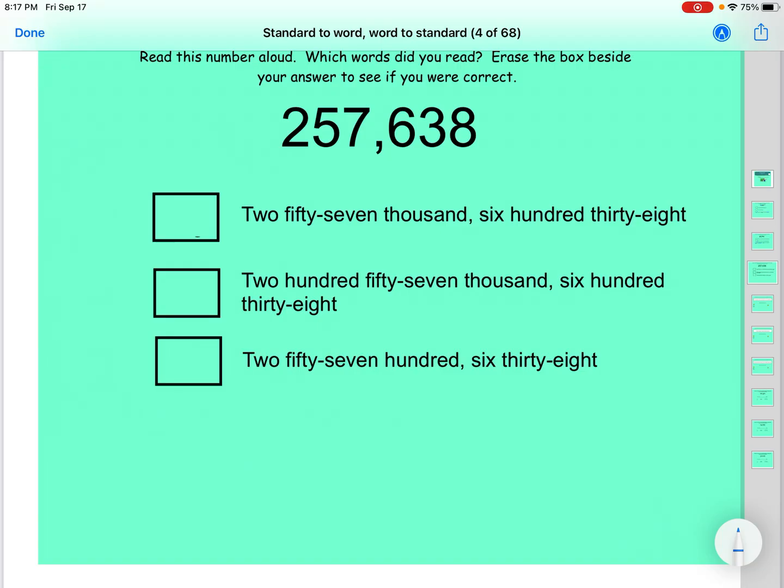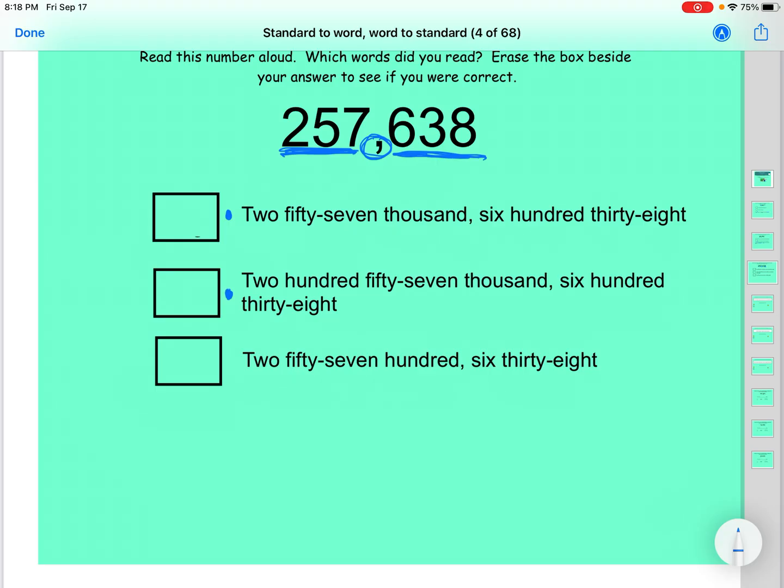Again, we're going larger, but you're in 3rd grade and you can handle this. So we're going to read the first chunk, say 1,000 when we get to the comma, and read the second chunk. So 257,638. Choice 1 says 257,638.